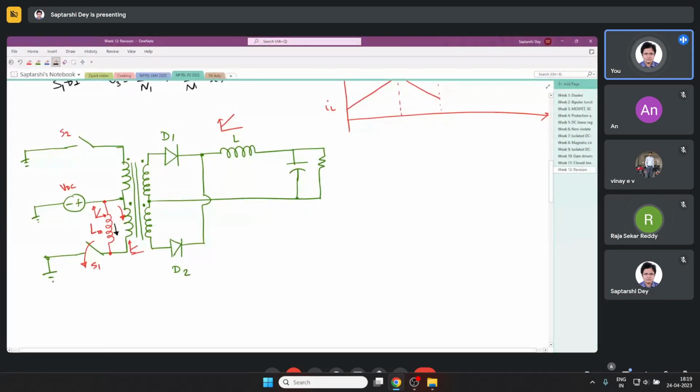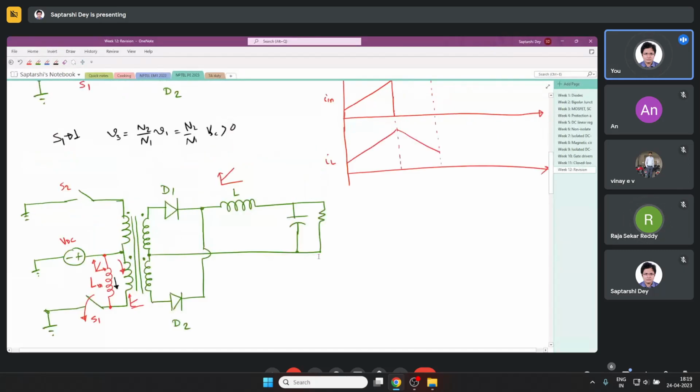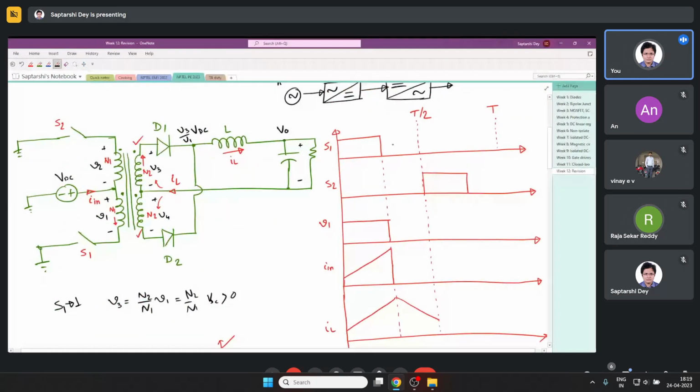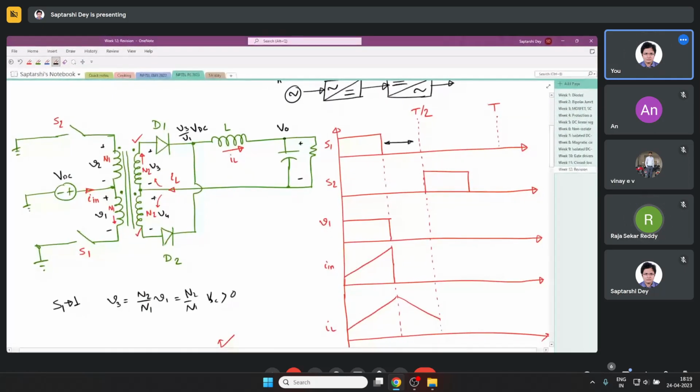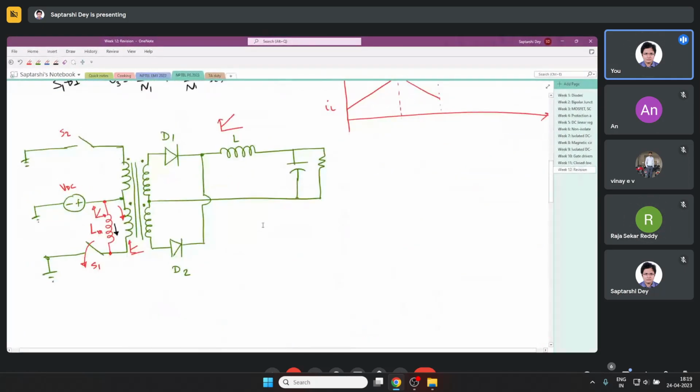Now when you open S1, a time comes, say during this time, when no switch in the circuit is closed. At that time, in the secondary side, the inductor current is divided into both the windings and they cancel each other's flux. That is fine. But what happens here in the primary? If you make the circuit like this, the switches will simply fail.